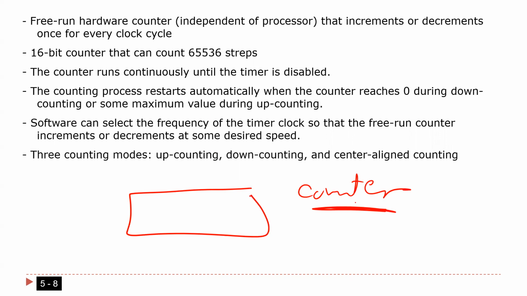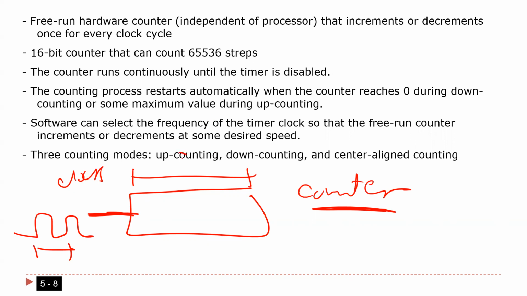In digital system class, you should have designed something like that. There is some hardware with a number of flip-flops, and this one is just a counter. It counts. It has an input clock, so that every cycle it increments the count by 1. For example, if this counter is 3 bits, in the very beginning it is 0, 0, 0.